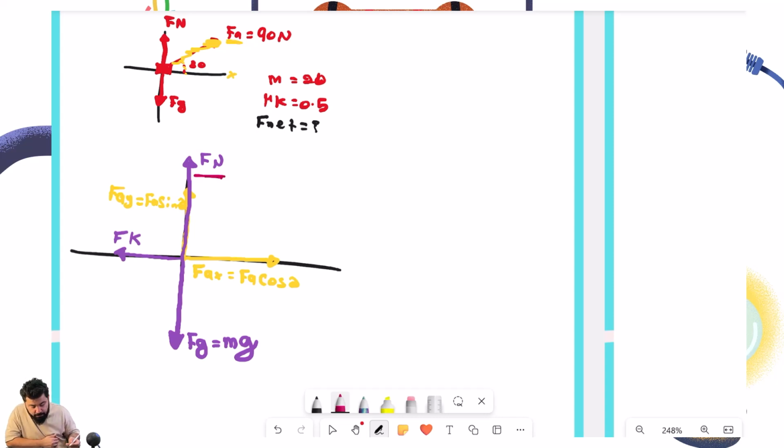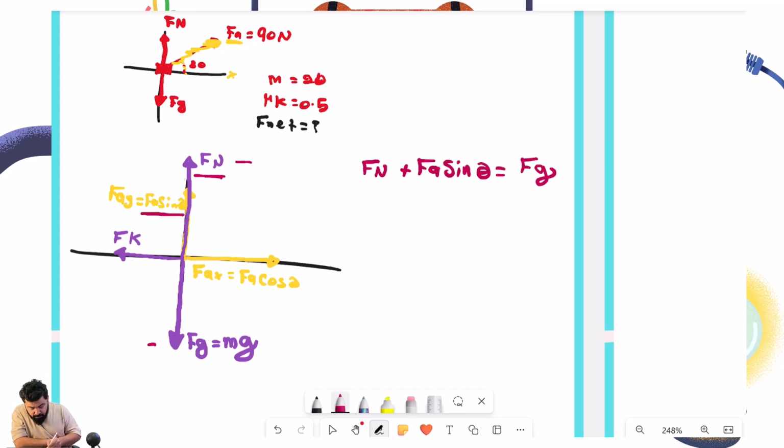Now I'm going to say the sum of all the forces on the positive y-axis, I have Fn plus Fa sine theta. On down, which is negative, I have Fg.